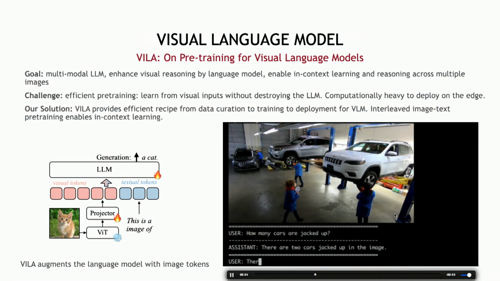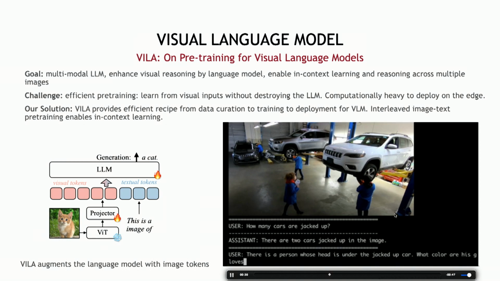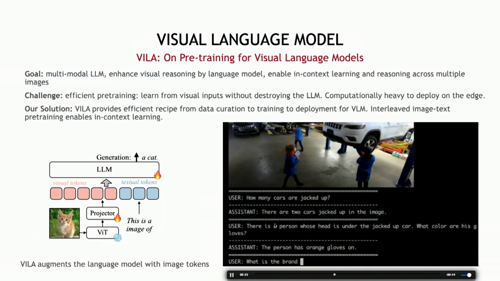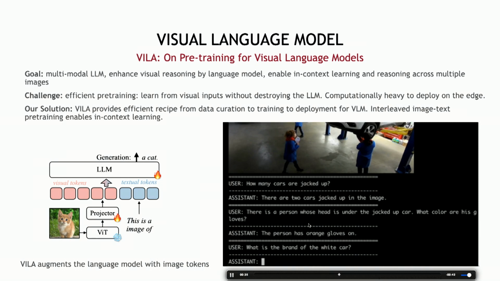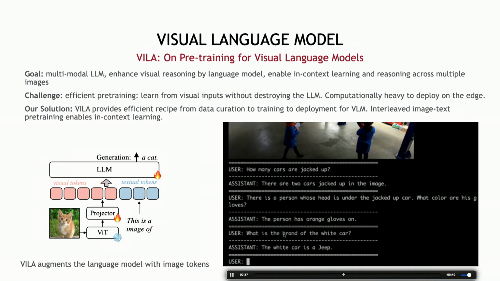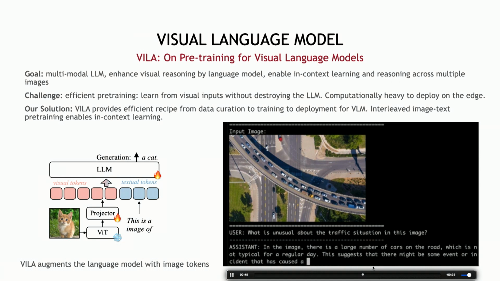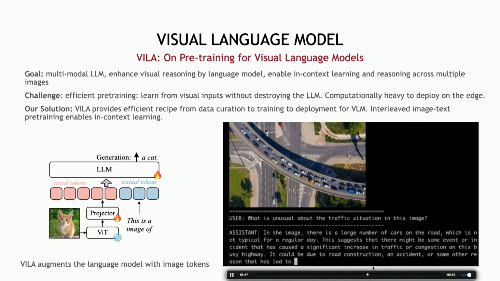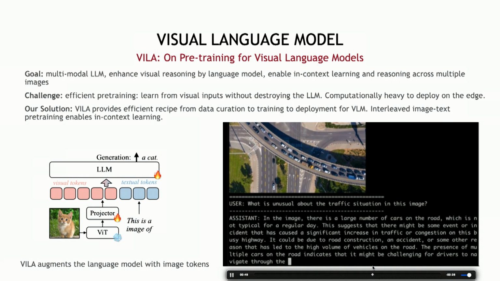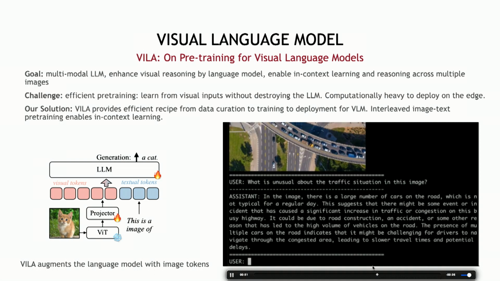And also in some smart factory applications, we can query what's happening in the factory, what is happening in the workshop, like how many cars are jacked up, what is the color of the person, what is the brand of the car. Previously, we had to train many separate models to run different tasks. Now, just one single foundational model, a single visual language model, that you can query with many different tasks.